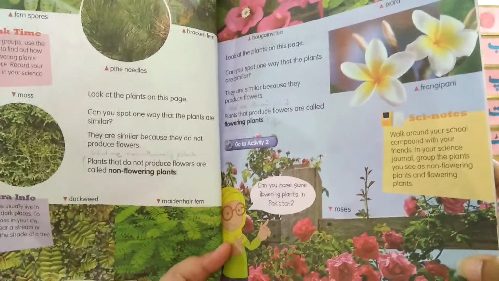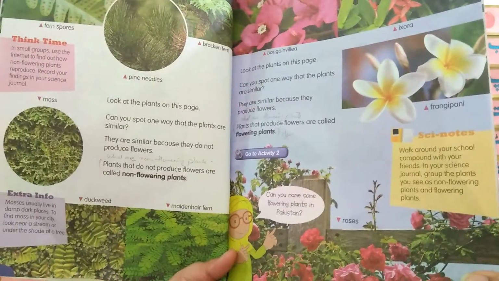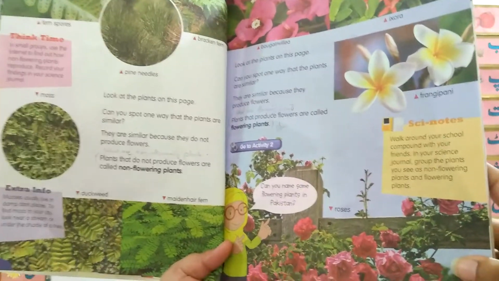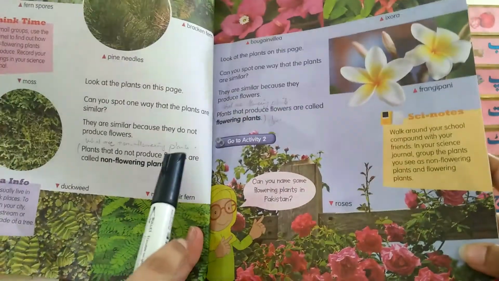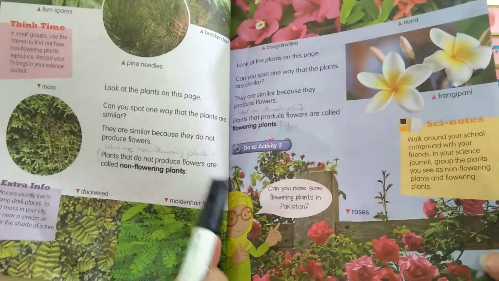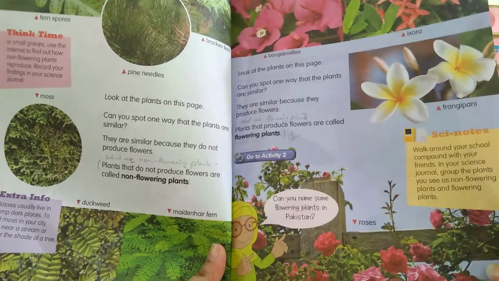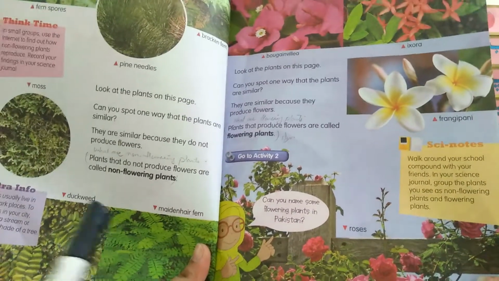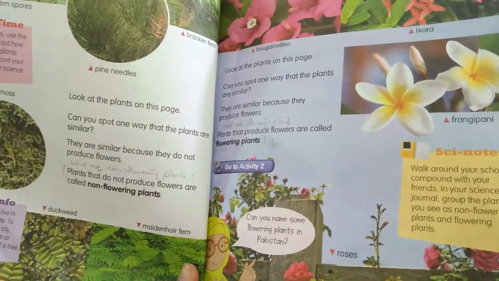So there are some plants which do not produce flowers. What do we call those plants? The plants which do not produce flowers are called non-flowering plants.